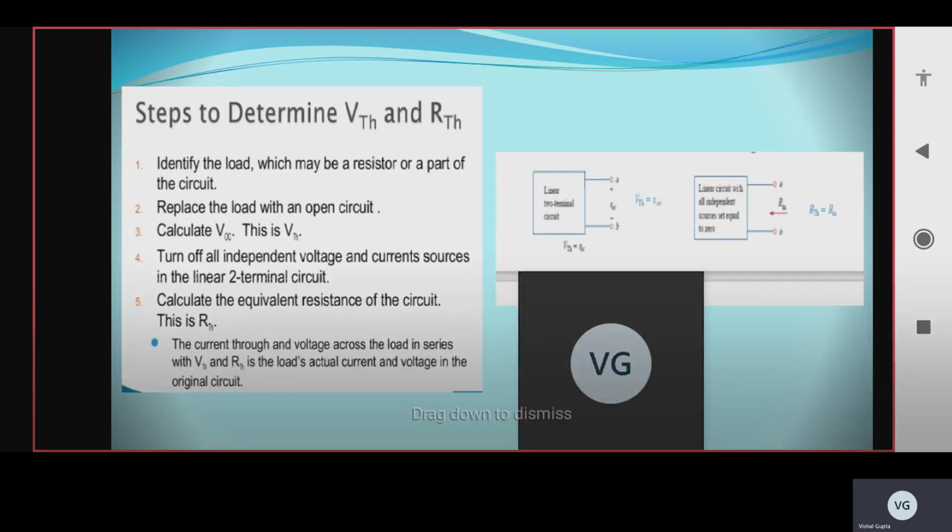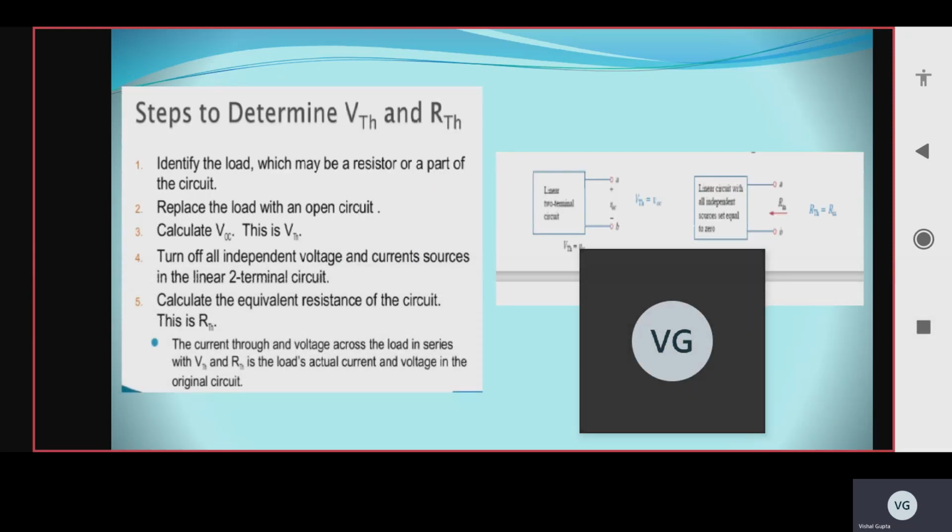So the steps to determine the potentials VTH and RTH. The first step is to identify the load, which may be a resistor or a part of the circuit. The second step is to replace the load with an open circuit.